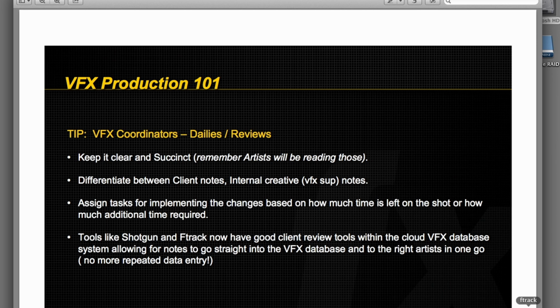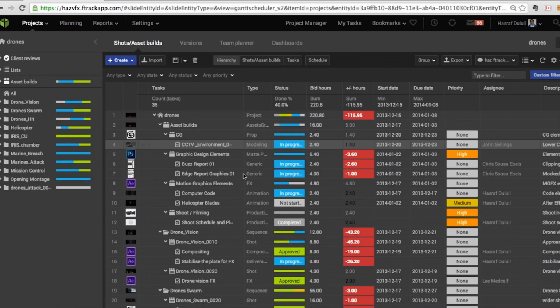So if we go back to F-Track, and we look at here, already if the client's giving more notes on this particular asset here, which is the buzz report graphic element, and it's already gone over by at least 20 hours here, then if you're going to assign more tasks like change tasks or feedback tasks, retakes, or whatever you want to call them, you just got to bear in mind that you're already over on this shot. So whatever these tweaks and changes, you have to find those hours elsewhere.